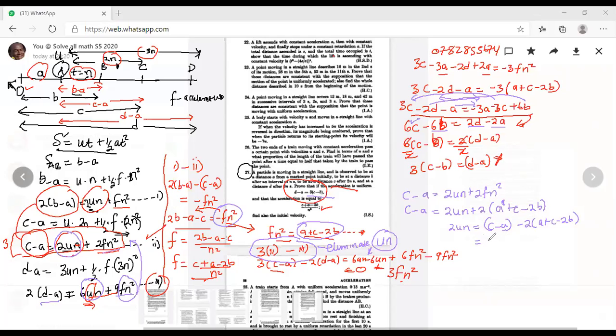This will give us C minus A minus 2A minus 2C plus 4B. I can eliminate, U is equal to 4B minus 3A minus C, all over 2n. And that becomes your answer. Don't forget the textbook has answers at the end. You can always check.